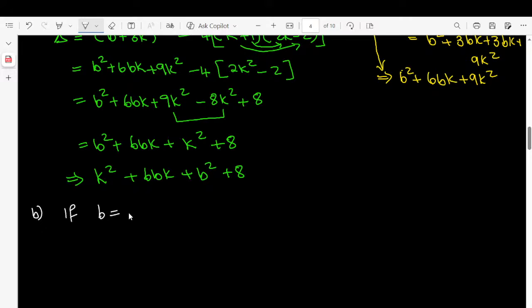So they say that if the value of B is 0, they want you to discuss the nature of the roots of this equation.